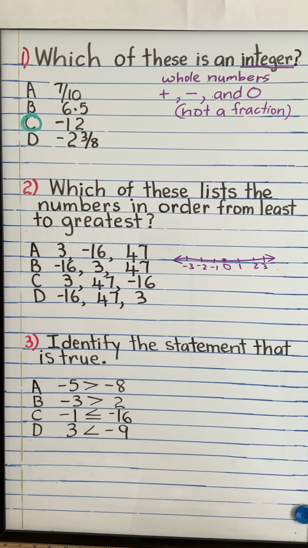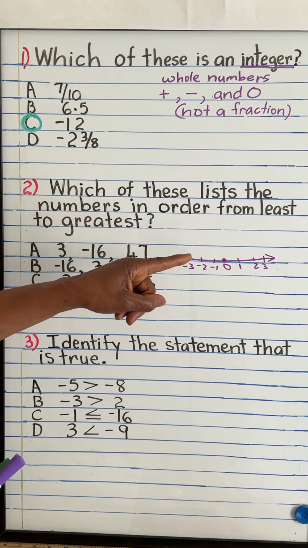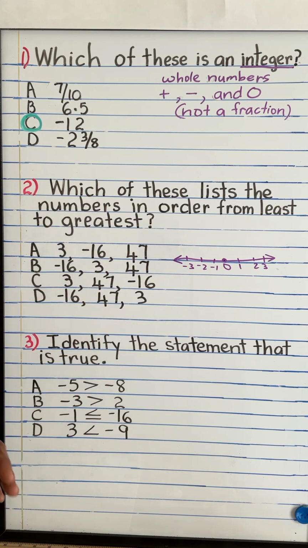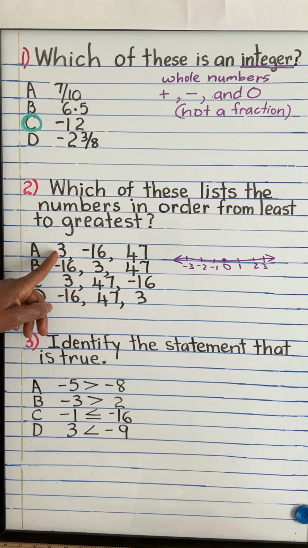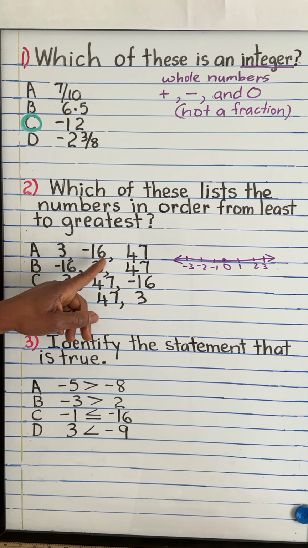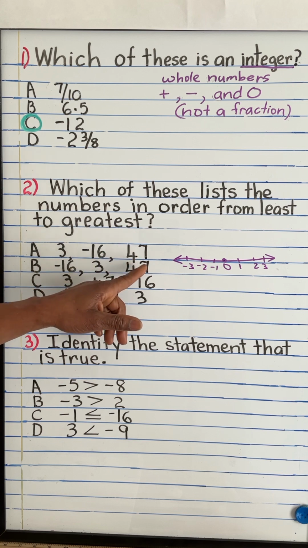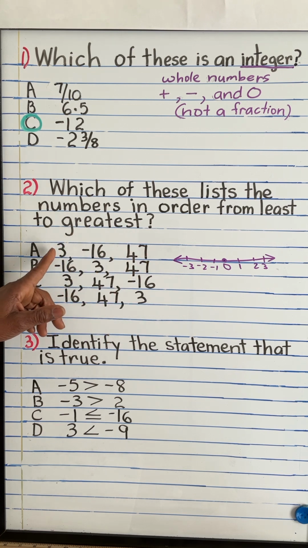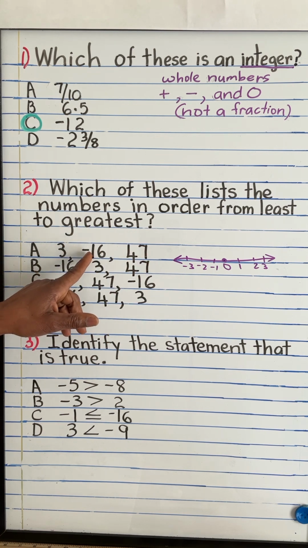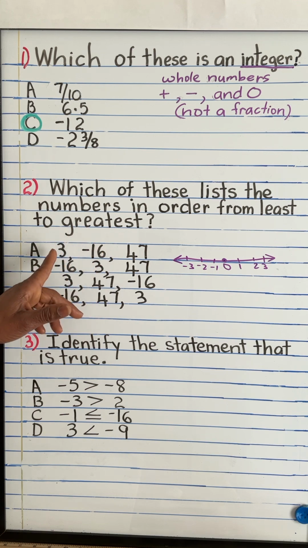Okay, so let's look at our first choice. We are looking for least to greatest. So we have 3, negative 16, and 47. Right away we know that this is not correct because negative 16 is less than 3.